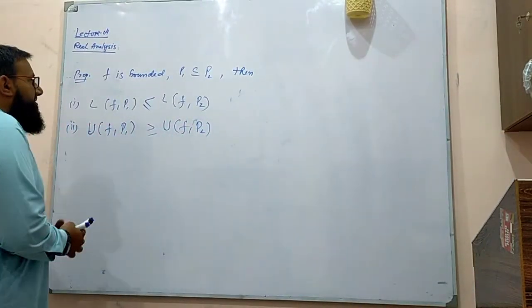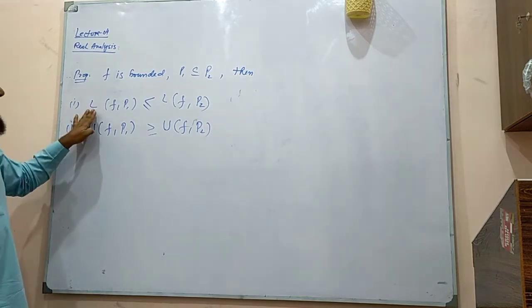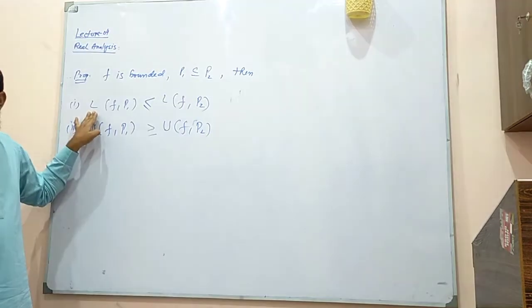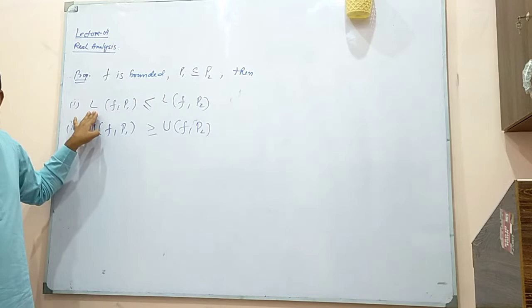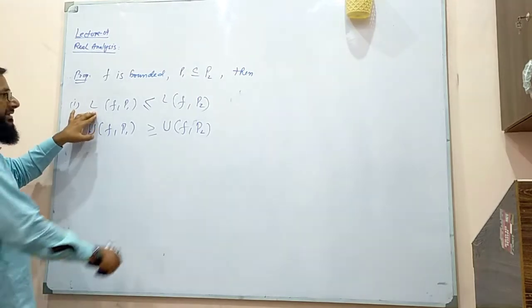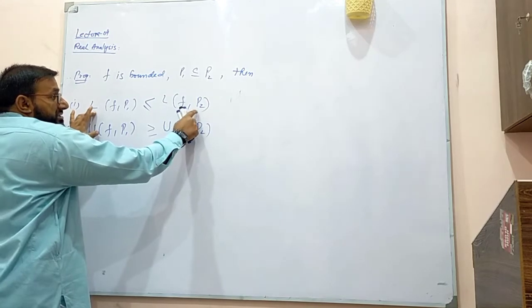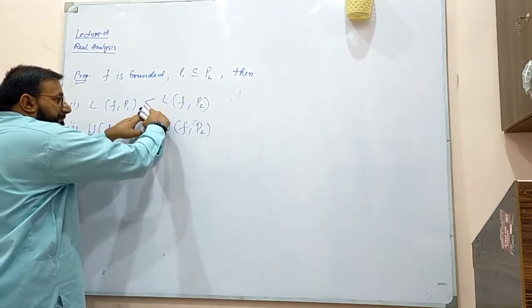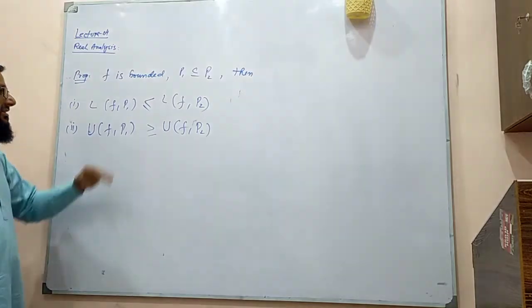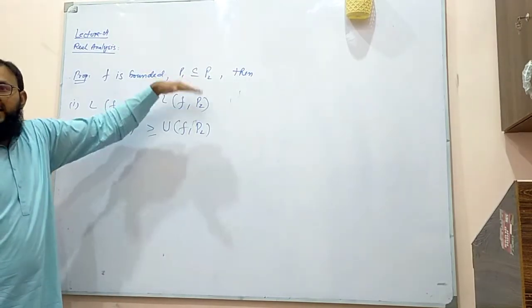The reason behind this is I want to make my L as big as possible. Then the value of L along P2, because P2 is the refinement, should be bigger than the previous one, because I want to make my L as big as possible.